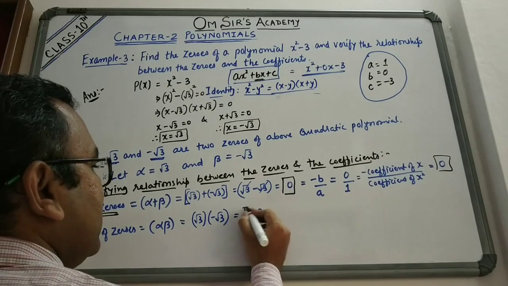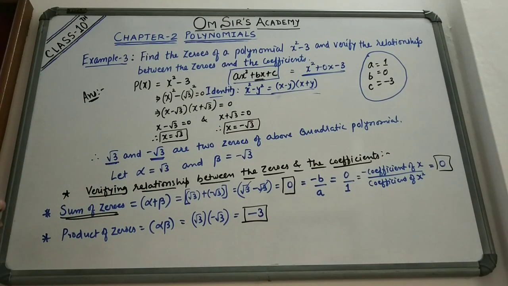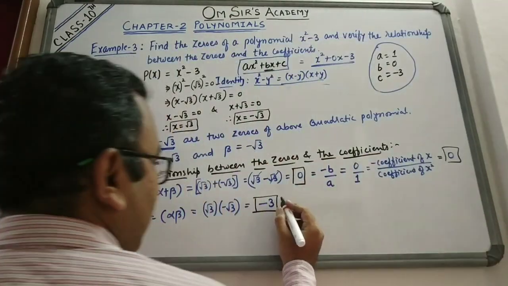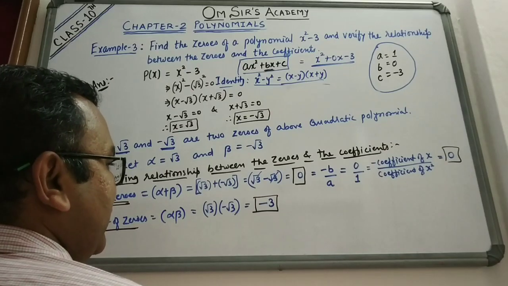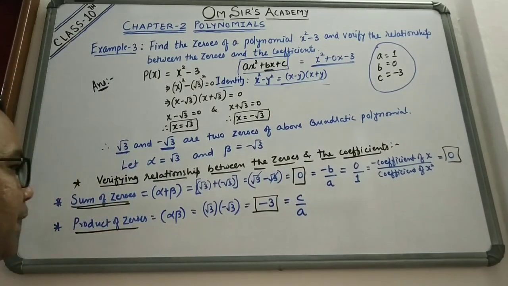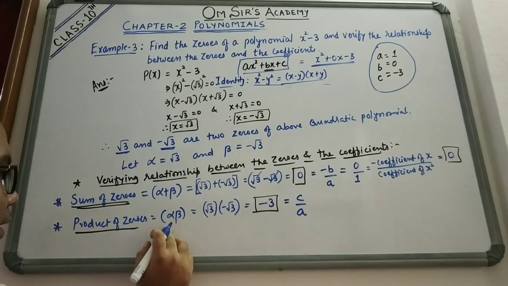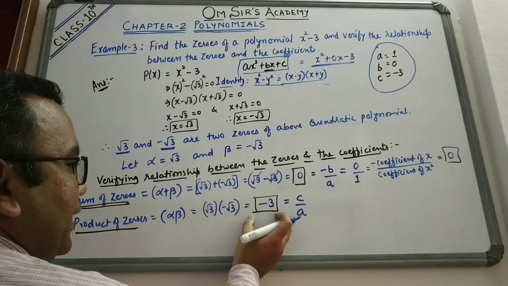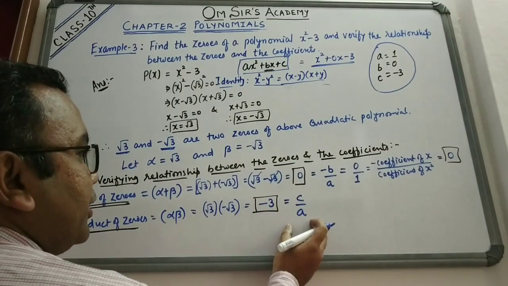So this is my answer of product of two zeros, or when I multiply these two zeros I get minus 3. So friends, this minus 3 should be equal to what? C upon A. Okay, so this product of zeros, that is alpha into beta, whatever the answer we get should be equal to C upon A, right?